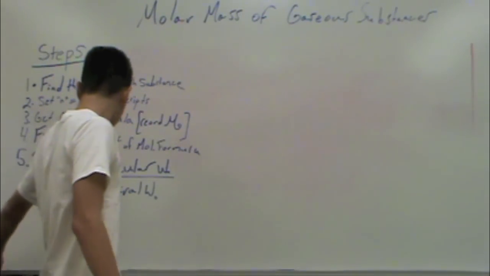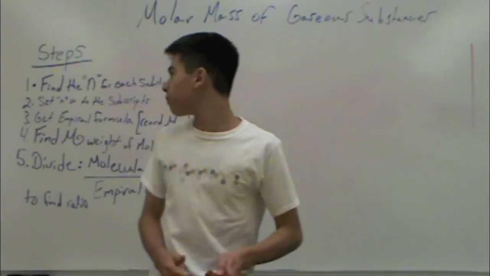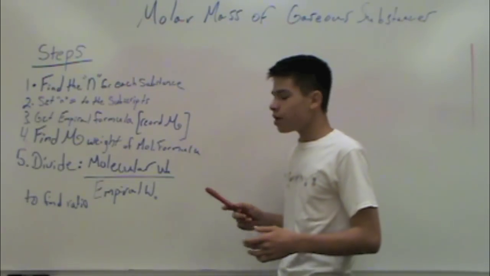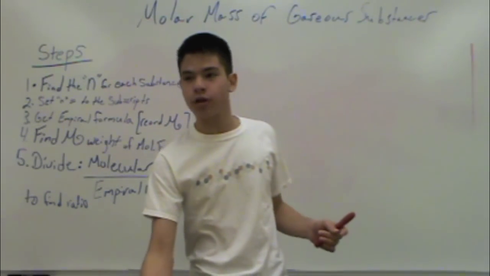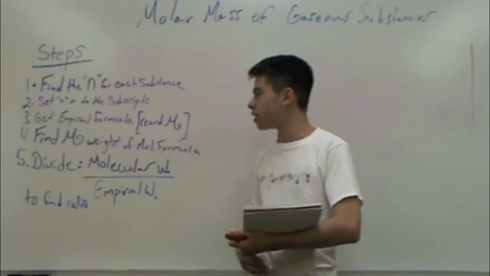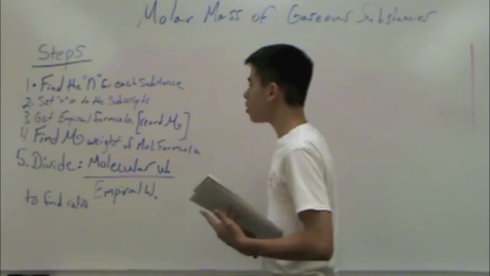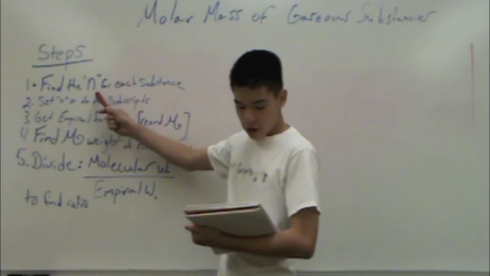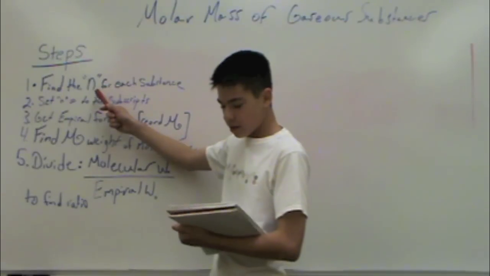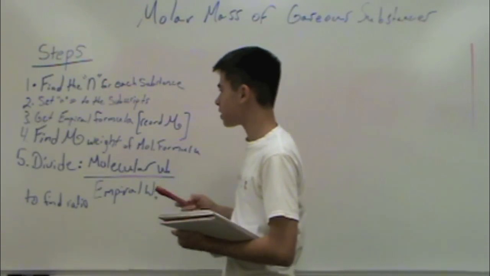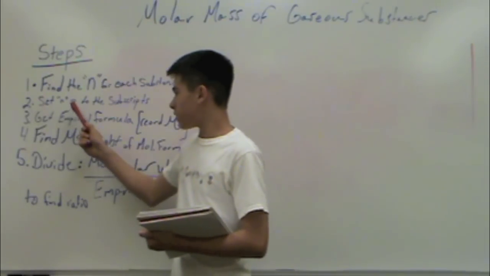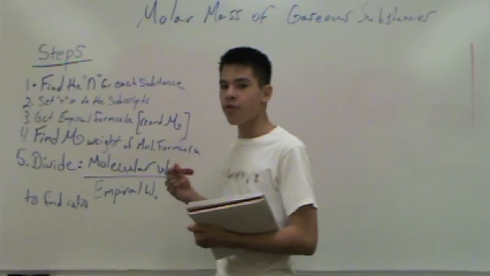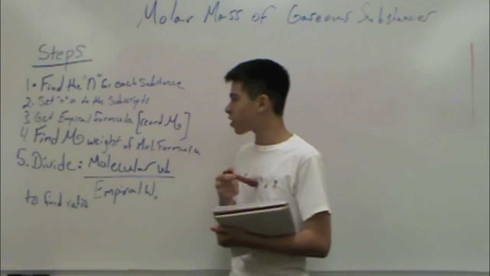Before we start tackling this problem, I've written a list of steps because once we get into it, I do not want to get lost and confused in the sea of steps. First, we're going to find the number of moles of silicon and fluorine in the substance. Our first step is to find the empirical formula, because before we can find the molecular formula, we have to know the empirical formula.